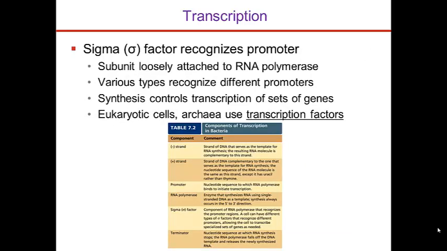RNA polymerase needs guidance on where to begin messenger RNA synthesis on the DNA. Sigma factors are components of the RNA polymerase enzyme that allow the enzyme to recognize promoter elements that are transcription initiation points on the DNA.